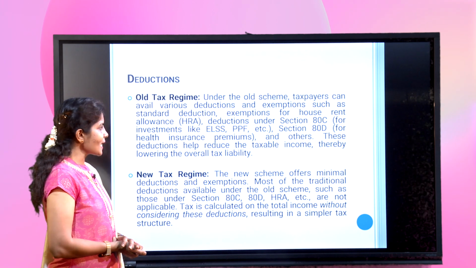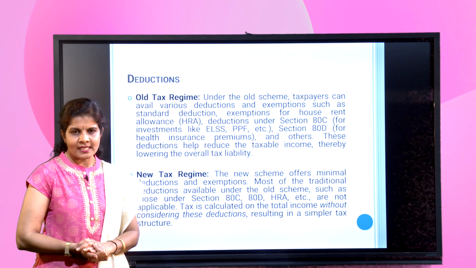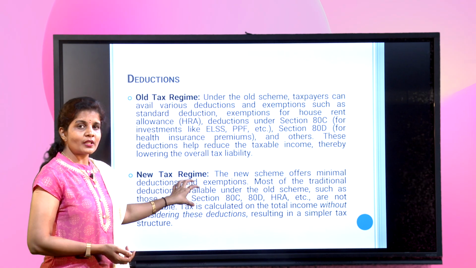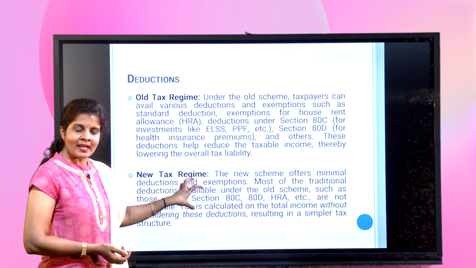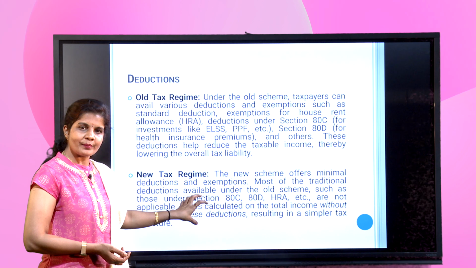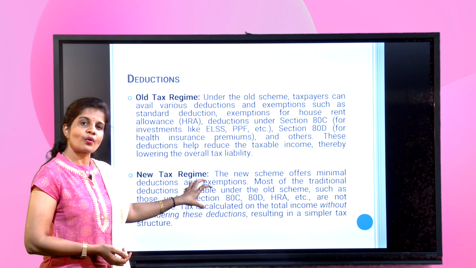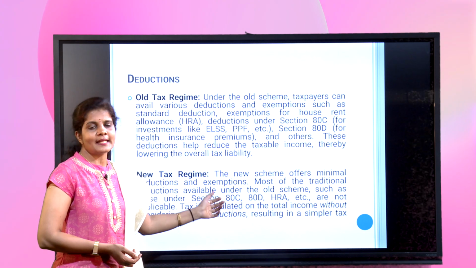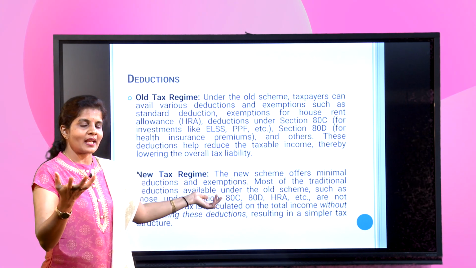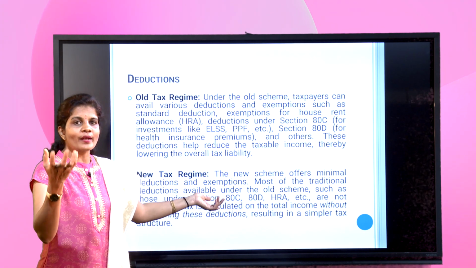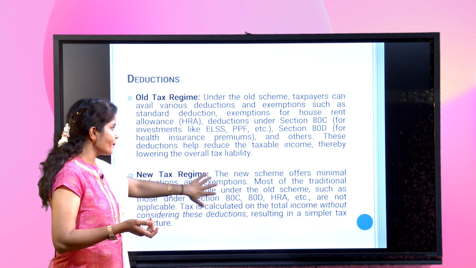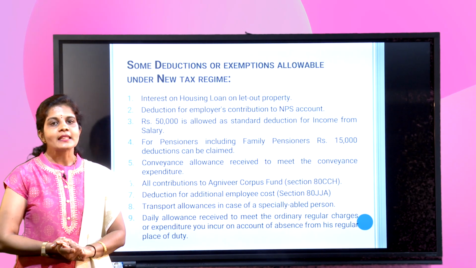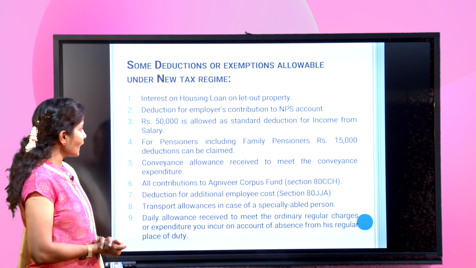This is very beneficial for new income earners, very low income earners, and those who do not have savings and investments. It is also a much simpler taxation system, because it does not consider many exemptions and deductions. So let us understand the deductions allowable under the new tax regime.